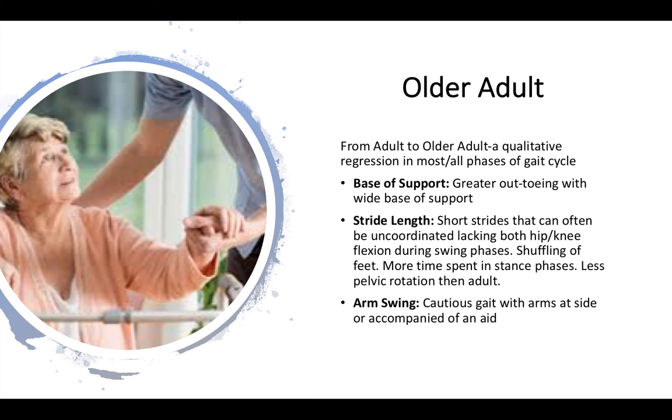The stride lengths become shortened, and again, like the toddler, they become uncoordinated and also lacking hip-knee flexion during the swing phase. As we saw with the video, shuffling of the feet is common, just an unsteady gait. With arm swing, we see a cautious gait with arms usually at the side or hanging onto something or someone for support.